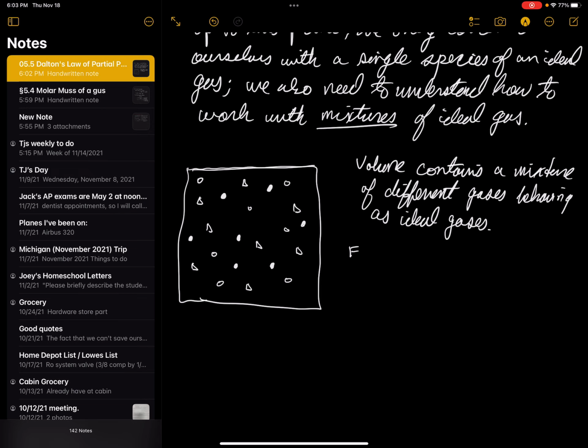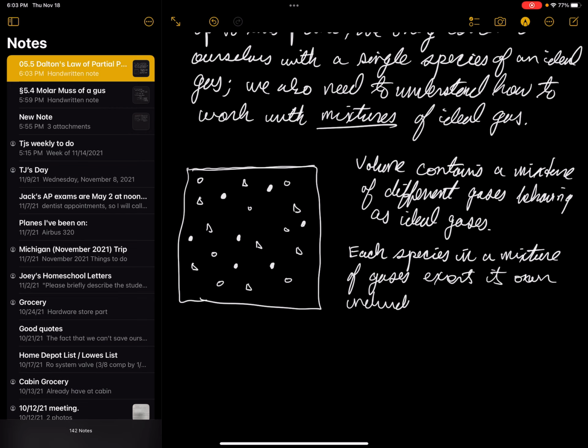Okay, so each species in a mixture of gases exerts its own individual pressure on the volume containing the gas.